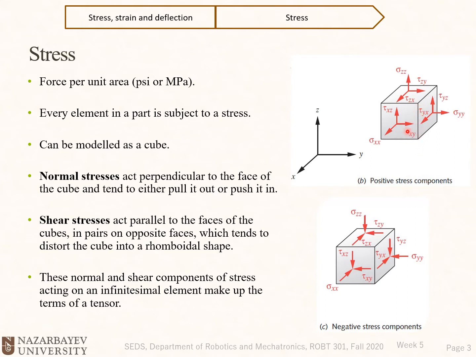So tau xy and tau yx are pointing to one edge. But in negative stress, for normal stresses, they are compressive or they are inward, and for shear stresses, they are pointing to two different edges. See tau xy and tau yx.